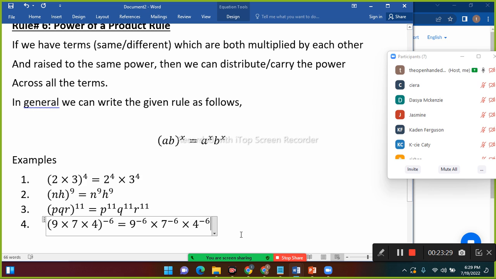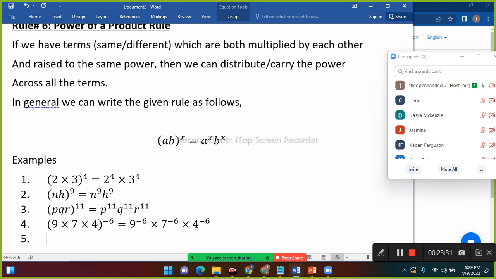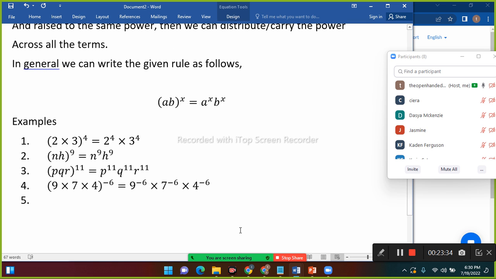All right, so is there anything else we need to do? That's a good example. We showed it with numbers, we showed it with letters.